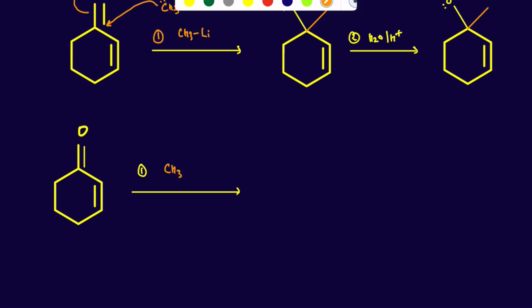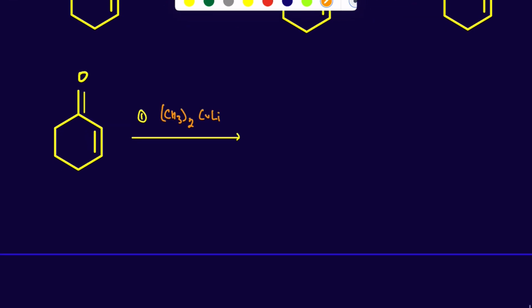So you remember, you're not only limited to those type of organometallics. You can have any R groups here. CuLi. Now this one is a little bit more stable than the organolithium. So as a result, it's going to attack this particular carbon, and then this pi bond is going to come down here, and you're going to have this coming up here.